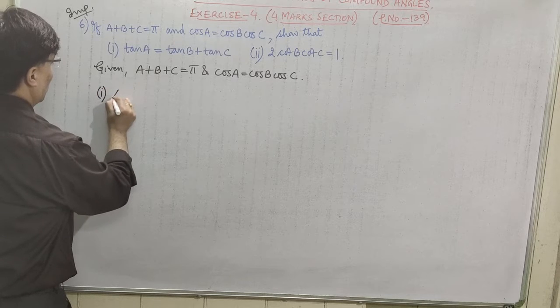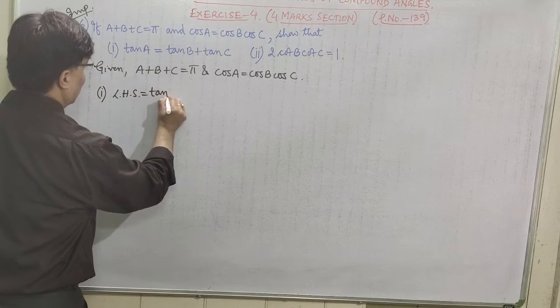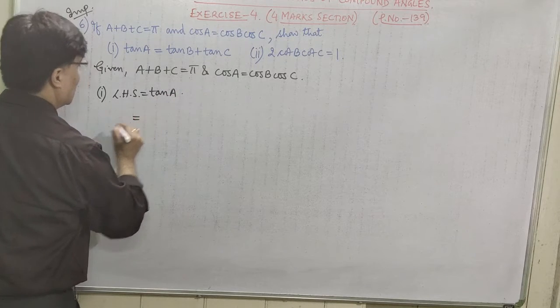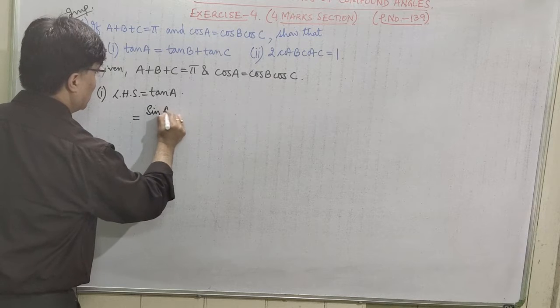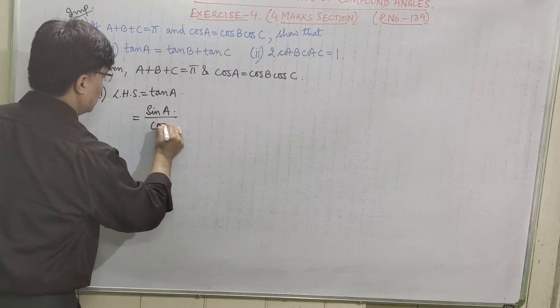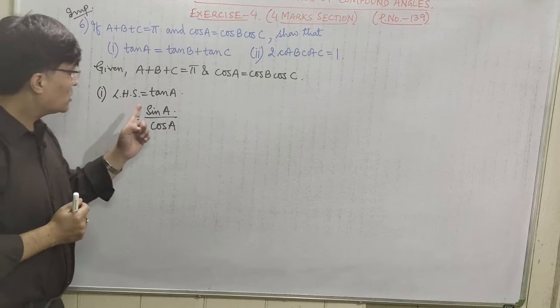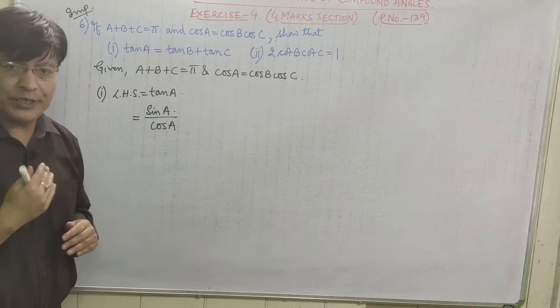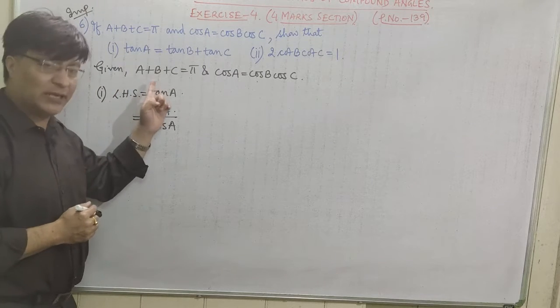Here LHS is equal to tan a, right? So tan a can be written as sin a divided by cos a. So sin a is there. In the numerator you can put the value of this angle a from the given.